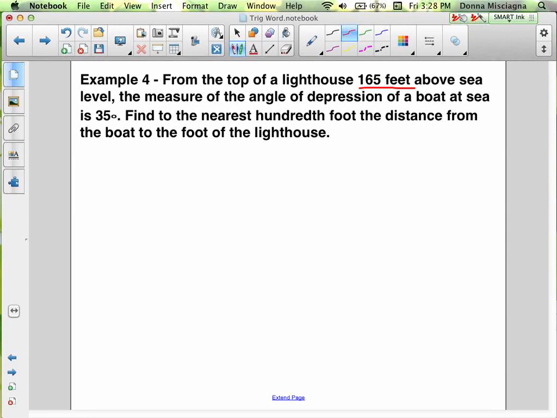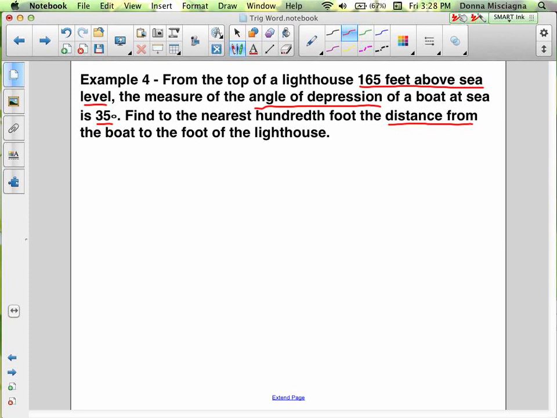So we have the top of the lighthouse, angle of depression. Let me underline that a little nicer. Measure of an angle of depression, 35 degrees. And find to the nearest 100th foot the distance from the boat to the foot of the lighthouse.